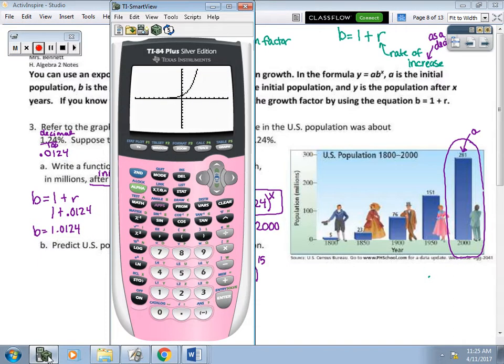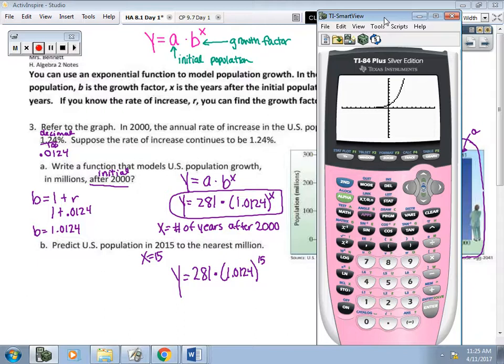We don't know how to raise that decimal to the 15th power. And you're using the caret 15. Should get 338, and if you notice, this is the population in millions, so that's 338 million.